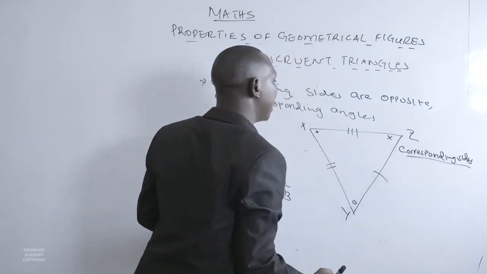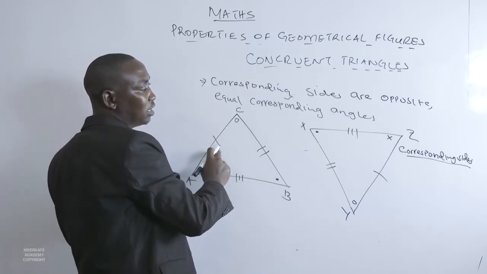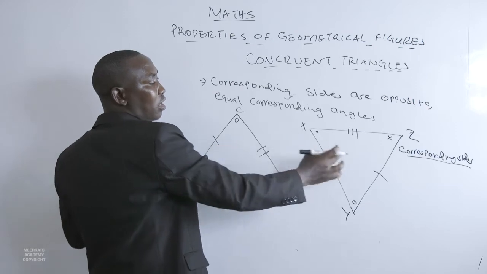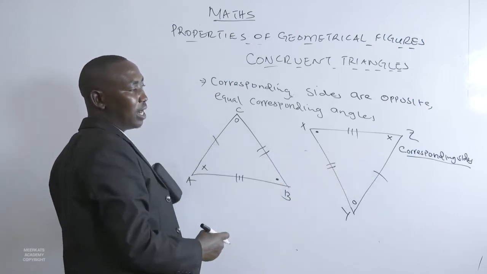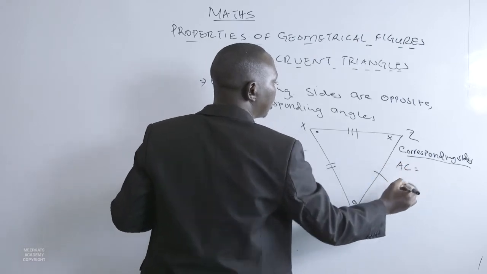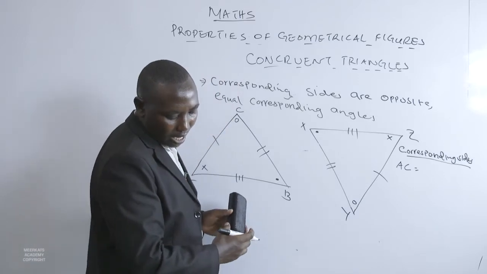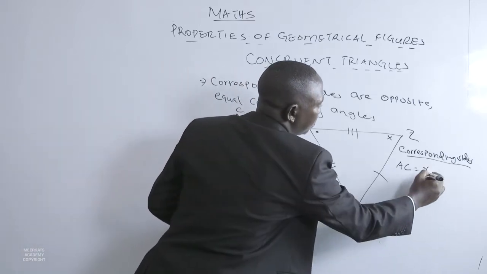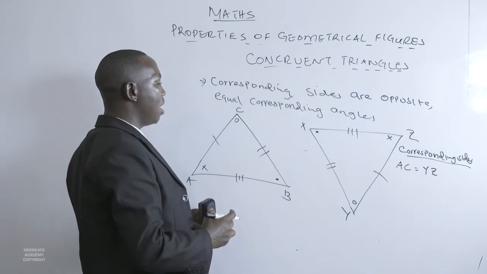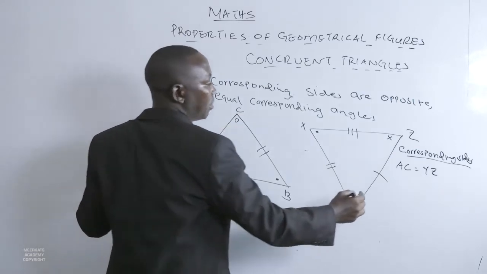for the corresponding sides, you can see using the marks. AC, for instance, has a single mark, so we locate a single mark on the other triangle, and it is YZ. So this tells us that AC corresponds to YZ. What about CB?